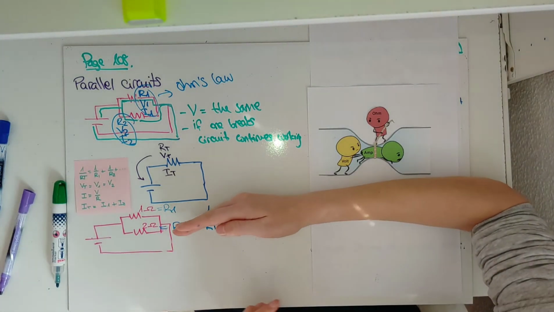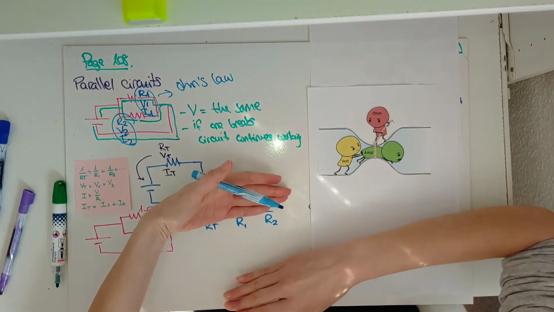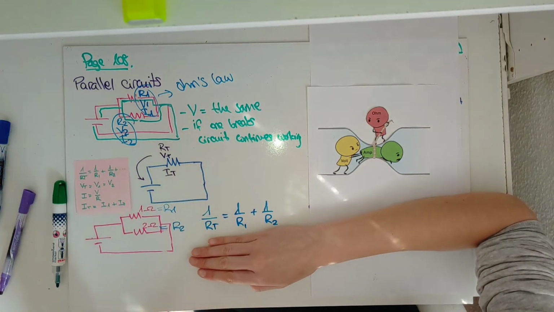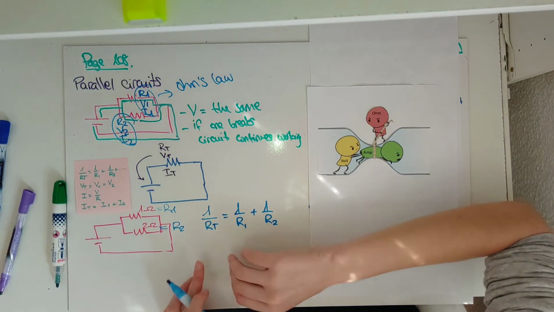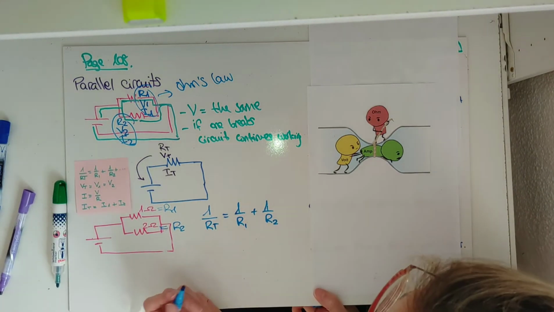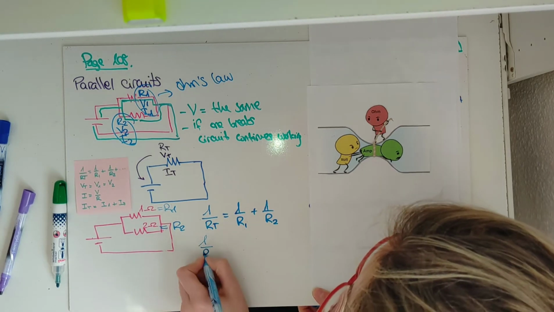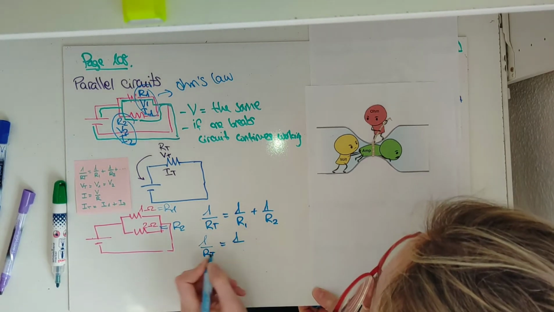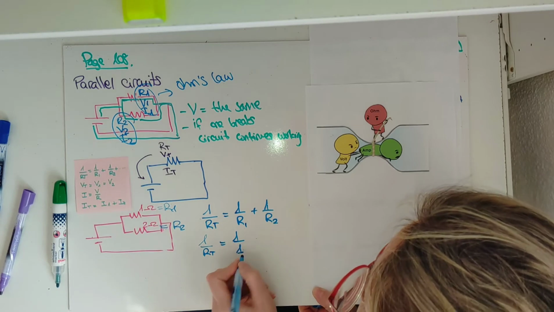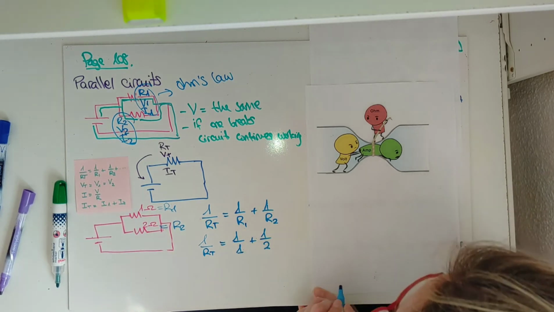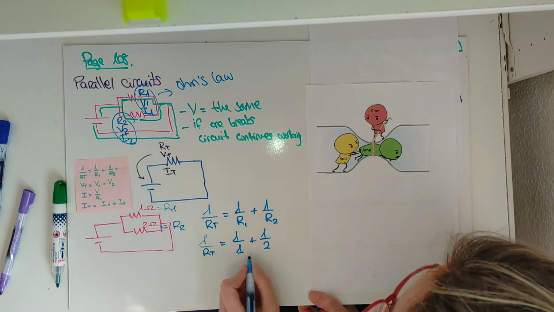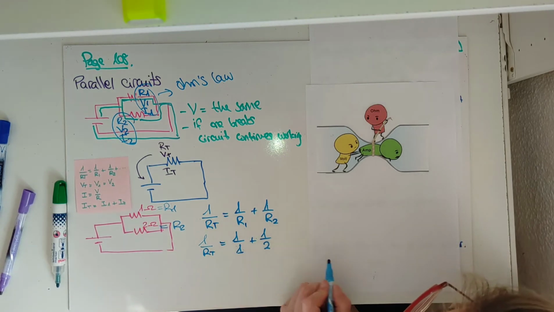Imagine this is the other formula, but now the resistances are in the lower part of the fraction, okay? Let's see. 1 divided by 1 plus 1 divided by 2. I have to sum two fractions.